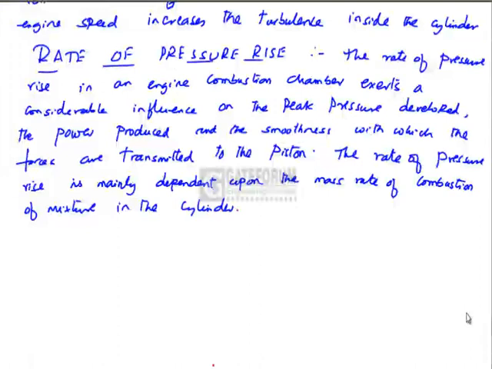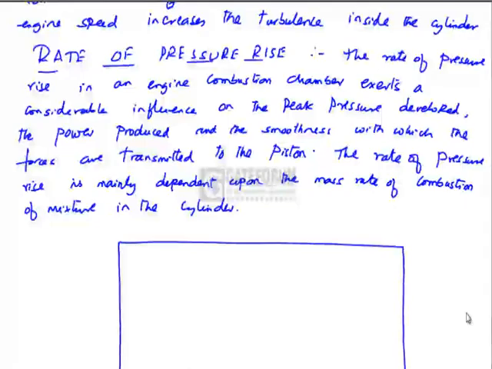Now let us draw the figure that shows the variation of pressure with the crank angle in a spark ignition engine. The diagram goes like this. This is the motoring curve, if there is no combustion of the fuel.